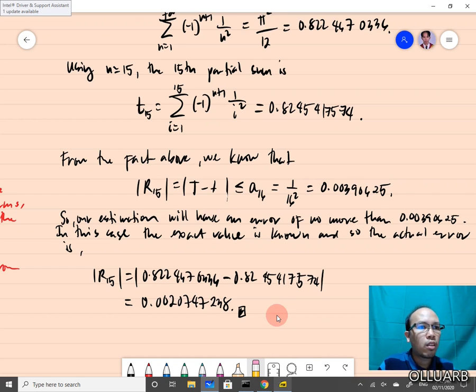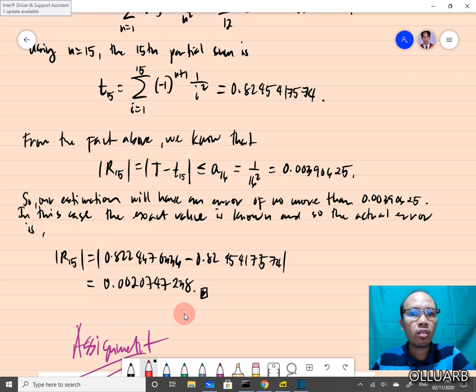So this is t sub 15. If you try to expand this expression, this inequality here, as you can see in your algebra, so this is equivalent to, let's try to explain this more, this is less than 0.00390625.